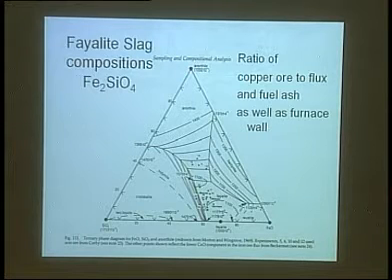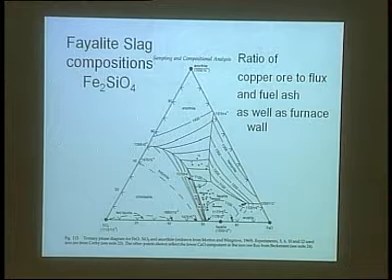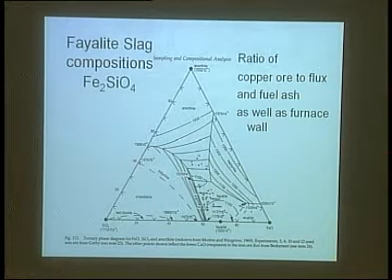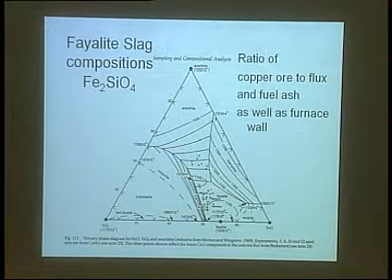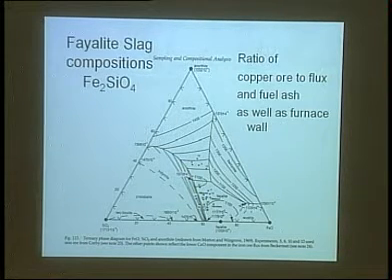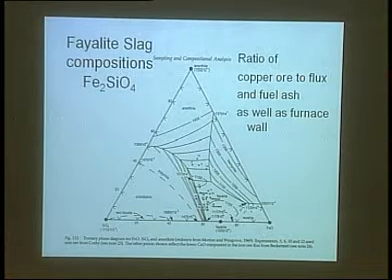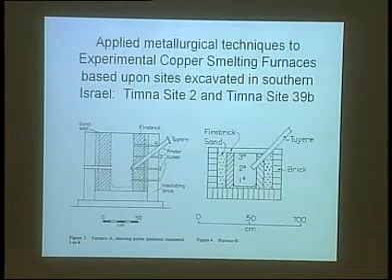So, fortunately, with iron and silica, there's a low melting temperature region in here. Okay? So these are the types of compositions that were being achieved and measured for the slag for the late Bronze Age Egyptian New Kingdom copper smelting at Timna. That's some of the science and engineering.